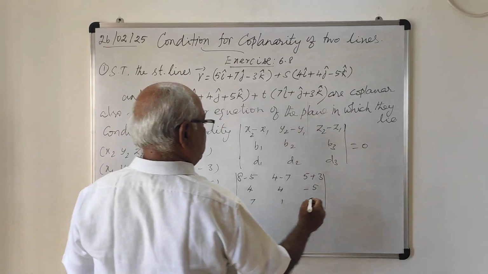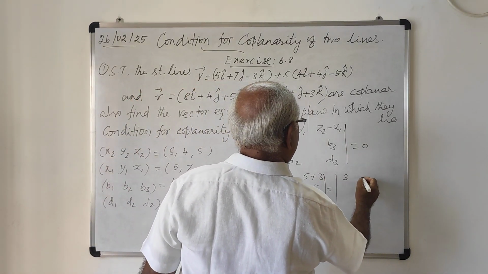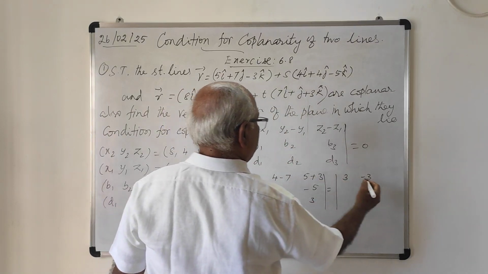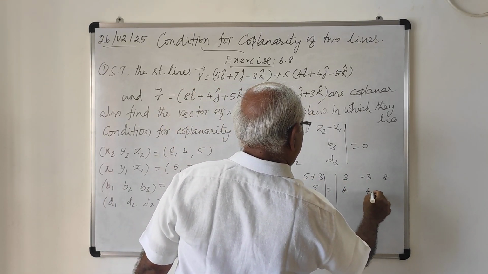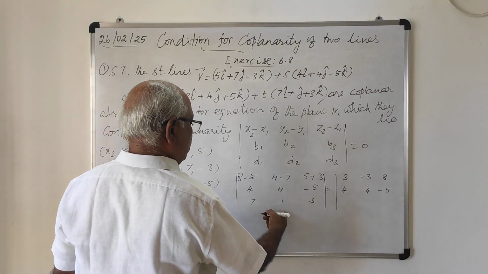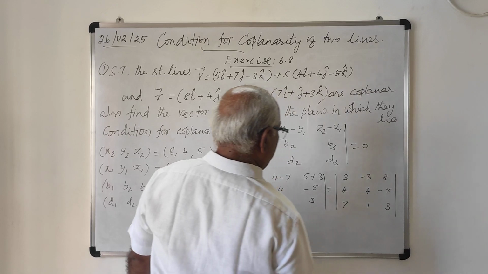This equals the determinant with rows (3, minus 3, 8), (4, 4, minus 5), (7, 1, 3), and we check whether this determinant value is 0.